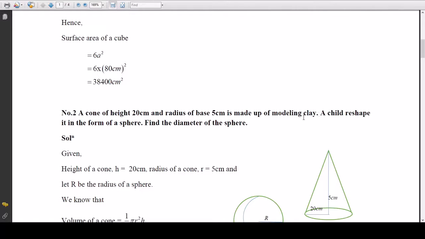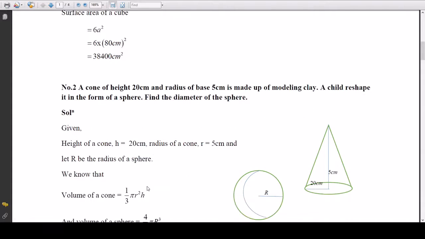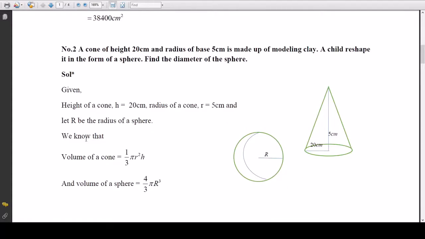Now the solution for this. It is given that the height of the cone h is 20 cm and the radius r is 5 cm, and let R be the radius of the sphere. We know that the volume of the cone is 1 by 3 pi r square h.